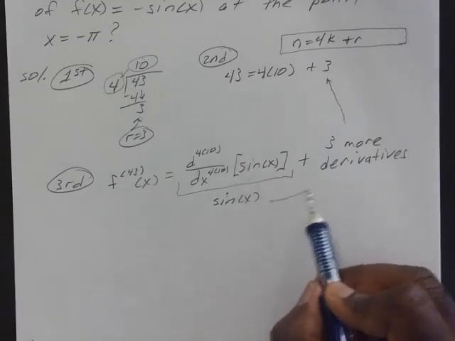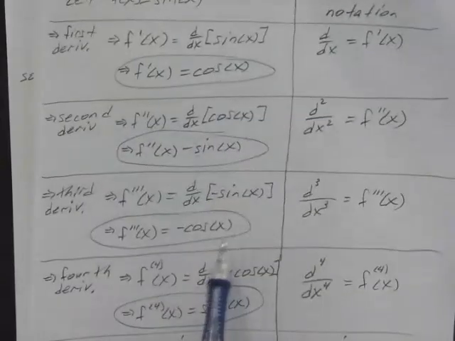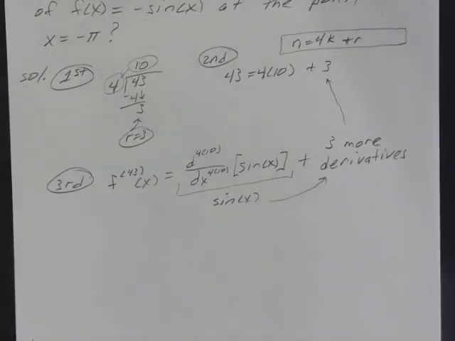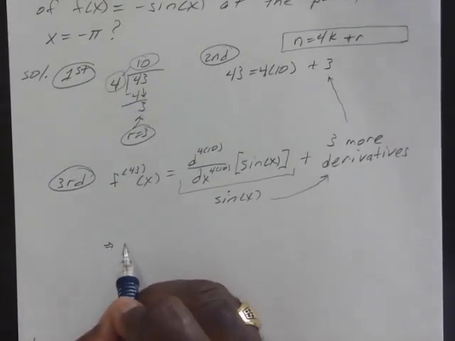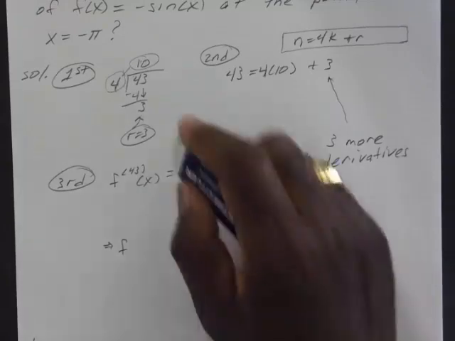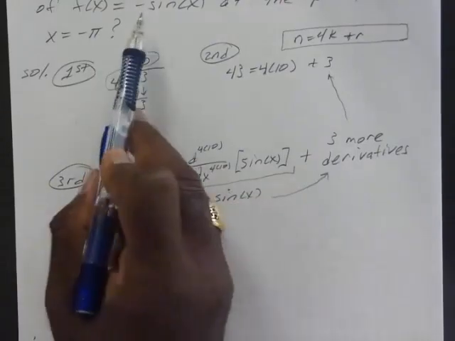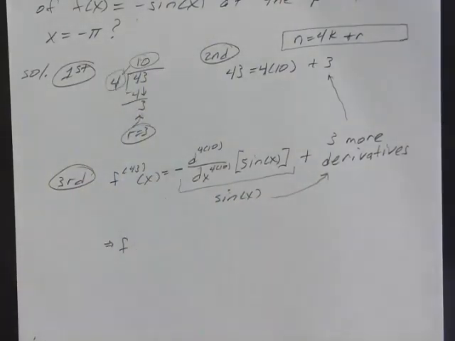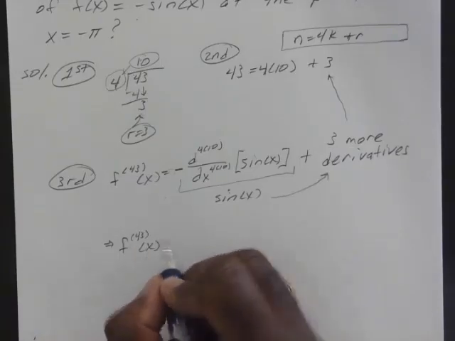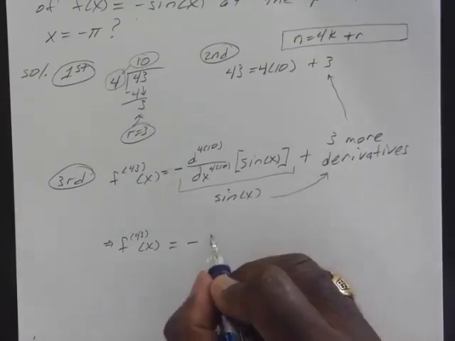So the 3rd derivative of sine of x is negative cosine of x. I forgot the negative in front of that sine, which I factored out, so we have to put a negative here. So that 43rd derivative is equal to negative cosine of x.